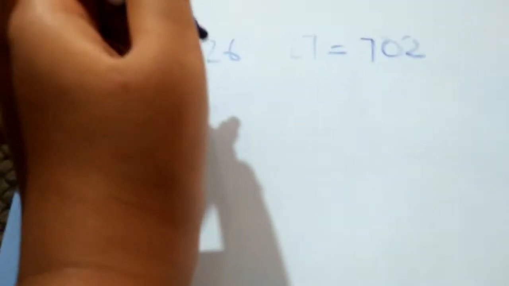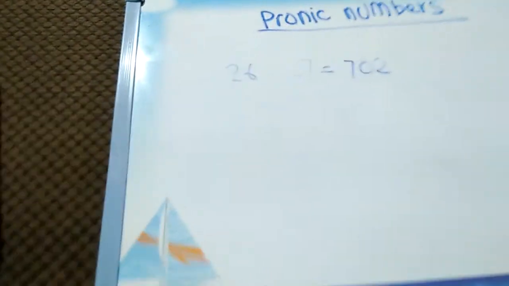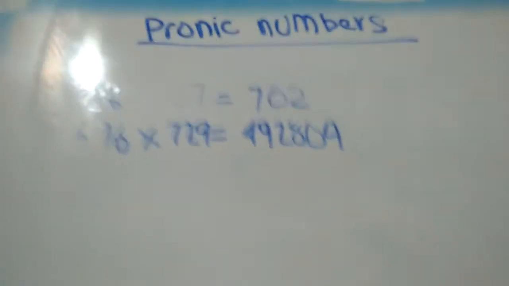If we multiply a number by 2 squares, 26 times 27 is equal to 702. 676 times 729 is 492,804. And you can find a square number by multiplying two square numbers.